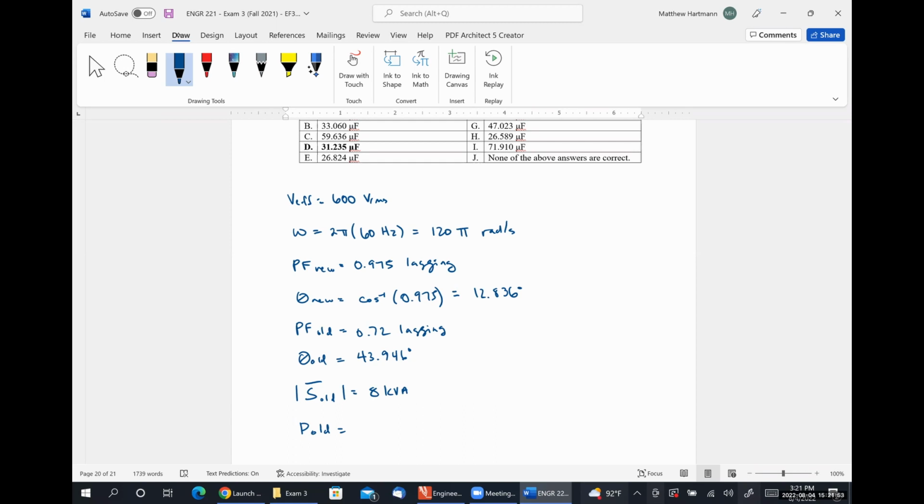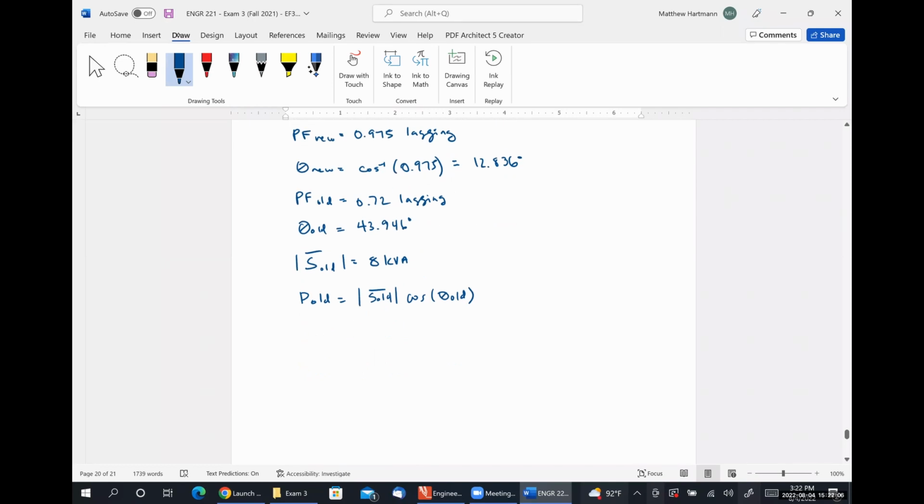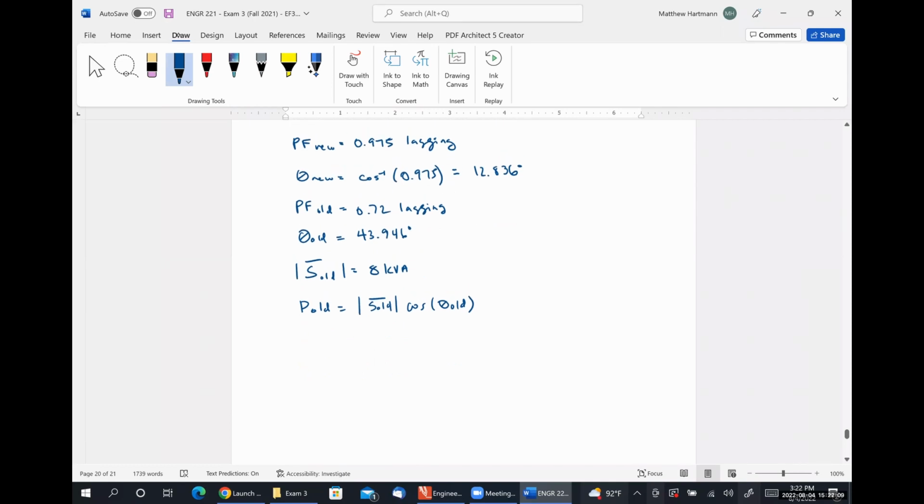the magnitude of S old times the cosine of theta old, where I'm getting that relationship because I know that power factor is equal to P over the magnitude of S, which is equal to cosine theta S. So apparent power times cosine of theta S gives you average power, which is what we're looking for here.